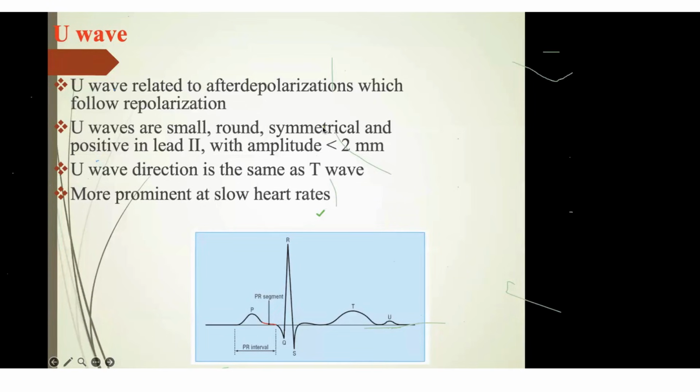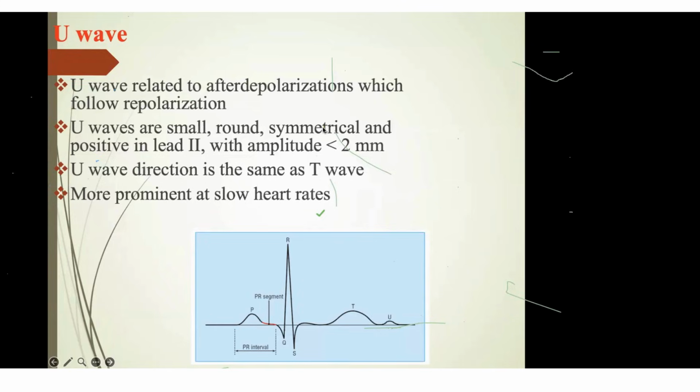A freshly noted incomplete RBBB, is it to be taken as an emergency or not? No, a new incomplete RBBB, usually it's not. I told you that it may be a heart rate related thing. New onset LBBB, RBBB, everything can come in a rate related way.